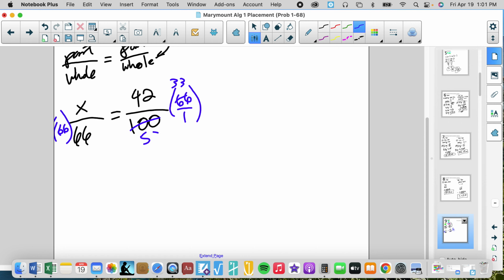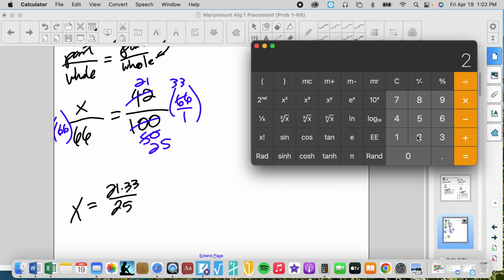This becomes 50. We can reduce that. That's 21. That's 25. And we get x equals, can we reduce it anymore? No. 21 times 33 over 25, which is, I don't know what that number is. 21 times 33 divided by 25 gives us 27.72.